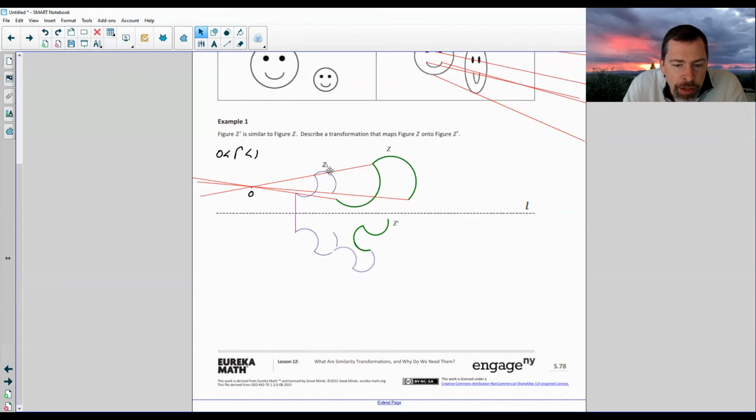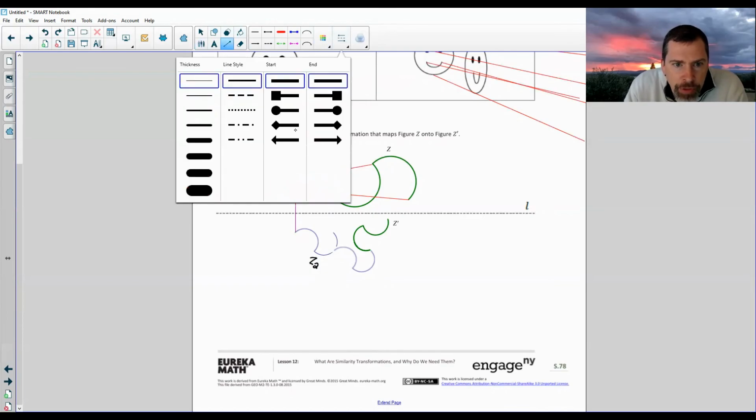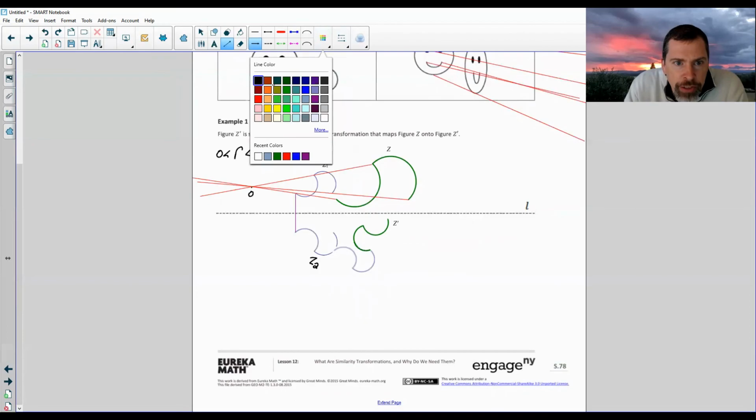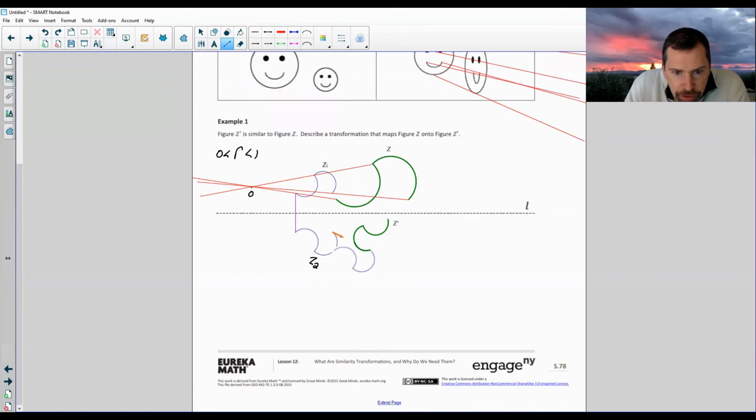Z sub 1 was mapped to Z sub 2, so let's call it that. This diagram down here is Z sub 2, and it's the same size as this one. If I draw a vector, what color could I use? Orange. If I drew a vector from here to there, that vector direction and distance should be the same for every point.